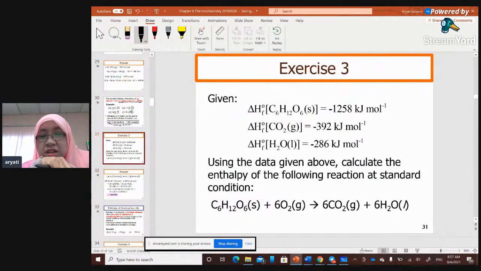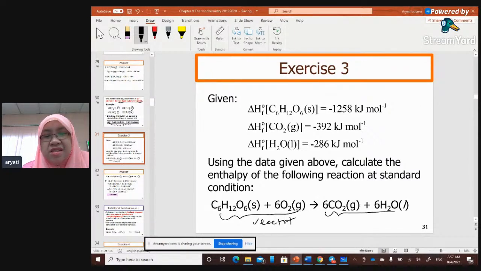Okay, so given is, this one is given, using the data given, calculate the enthalpy of the following reaction.